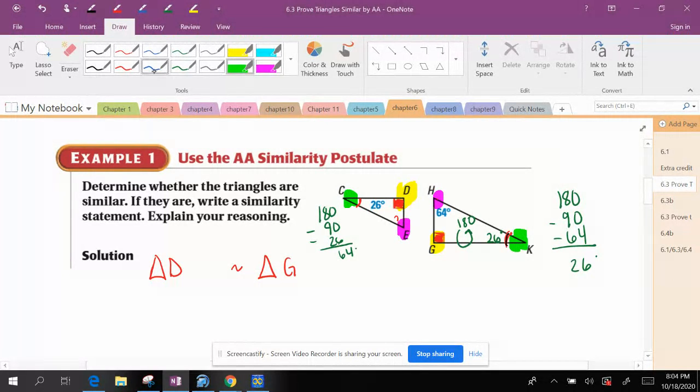So when I start writing my similarity statement, I want to match up the appropriate angles. I already said I'm starting at angle D, which is 90 degrees. I'm just going to head towards E, which is 64 degrees, and finish at C, which is 26 degrees. So that means for this bigger triangle, I have to go in the same path, G, H, K.